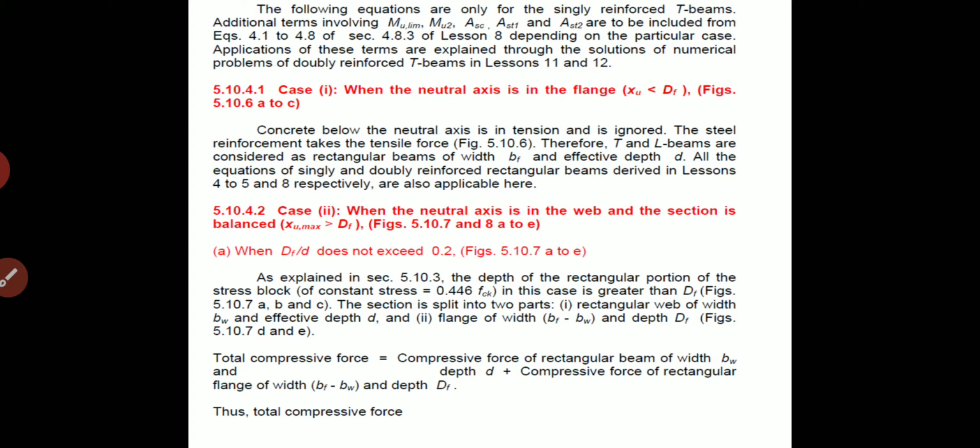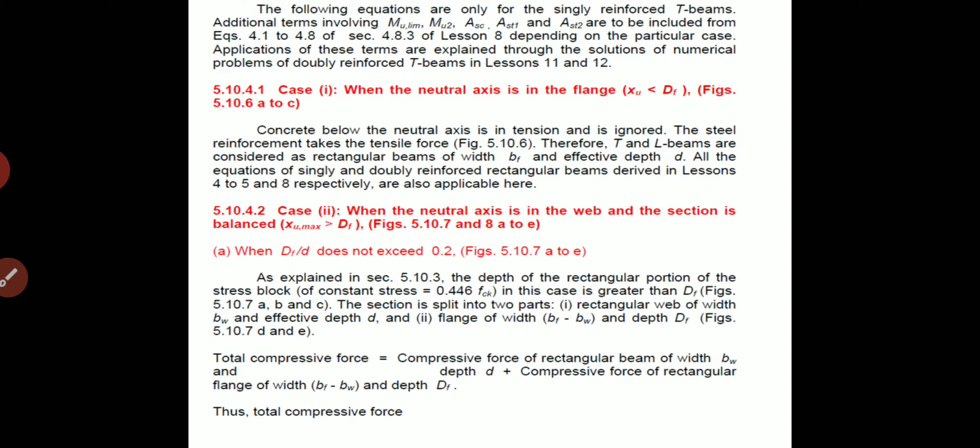First, a rectangular web of width bw and effective depth, and second, a flange of width bf minus bw and depth Df.